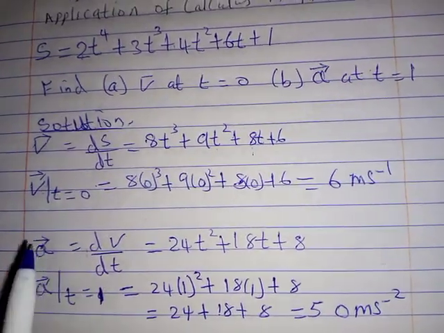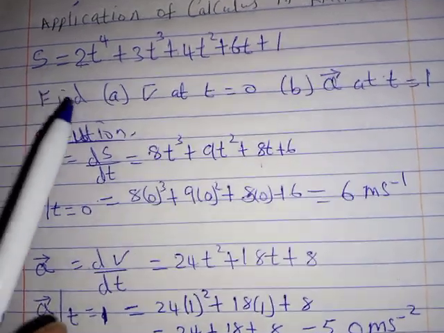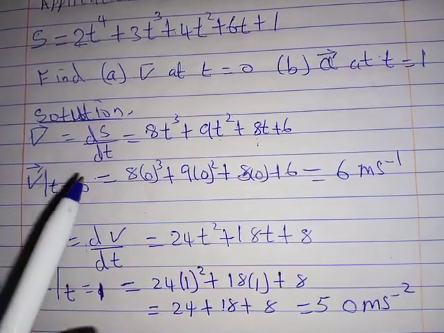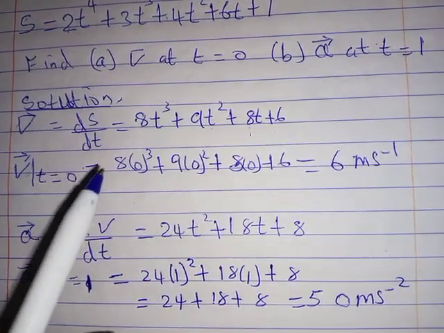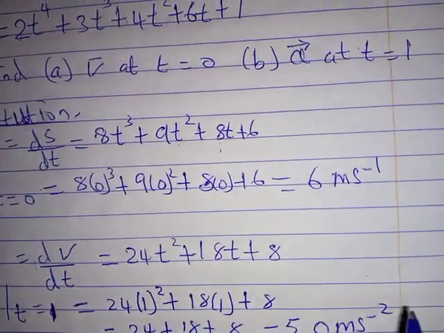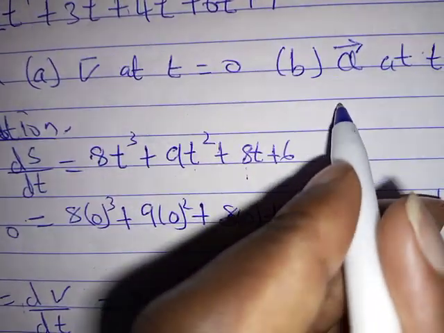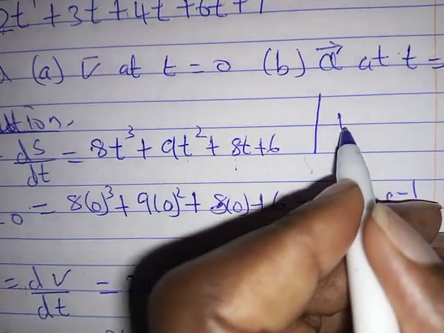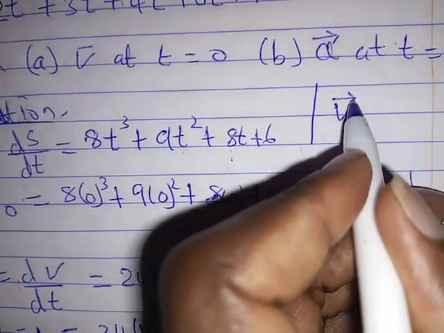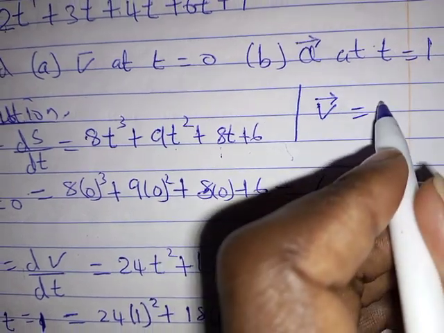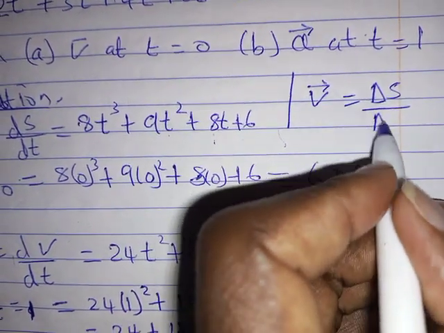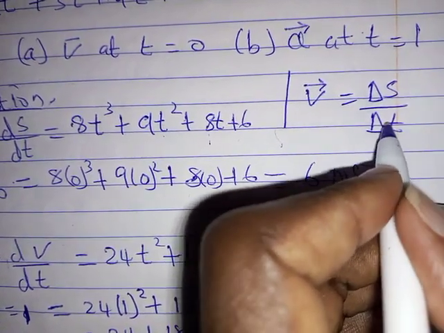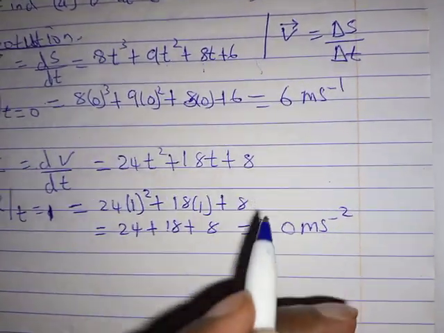So simply what you do when you are given the displacement, to get the velocity, differentiate the displacement, because velocity is equal to rate of change of displacement with time. So that is the rule we are applying here, that velocity is equal to change in displacement over change in time, the average velocity, of course. That is the principle we are applying here.